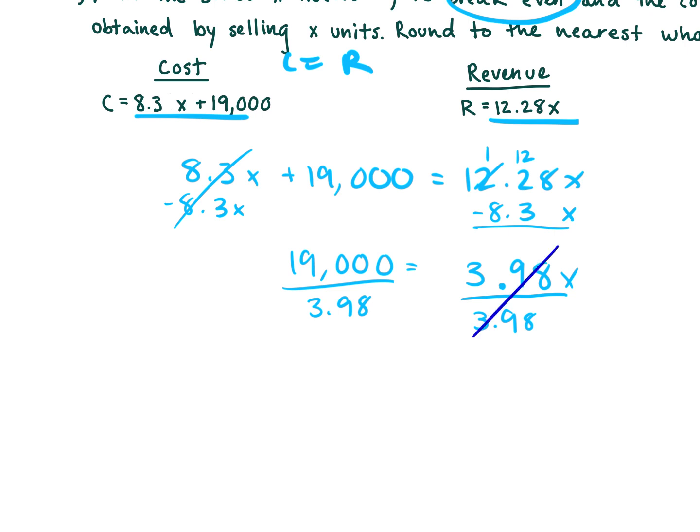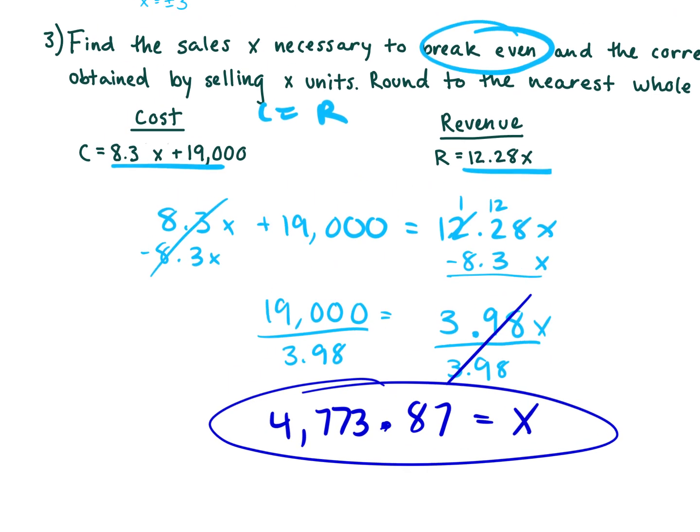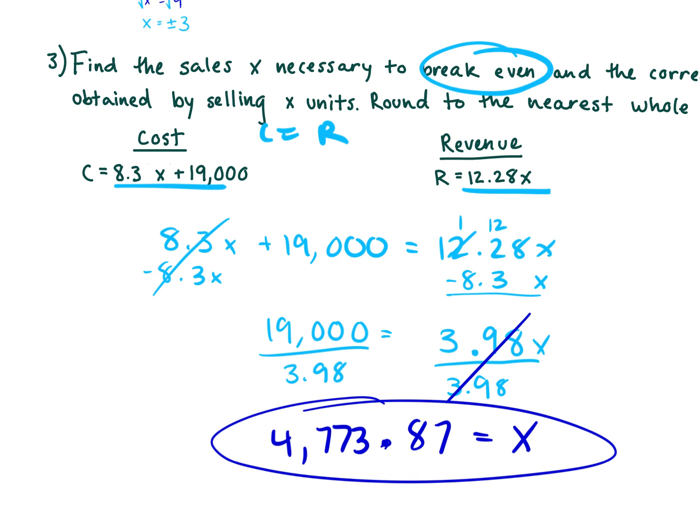So it would be 4,773.87. This question's just asking for x, so we can just leave it as x equals. So when it says break even, you're just setting them equal to each other. Set the cost equal to the revenue.